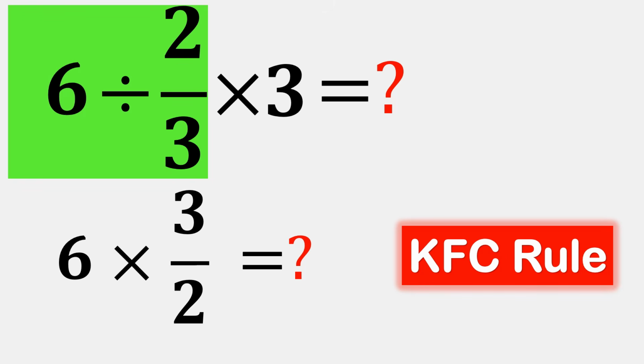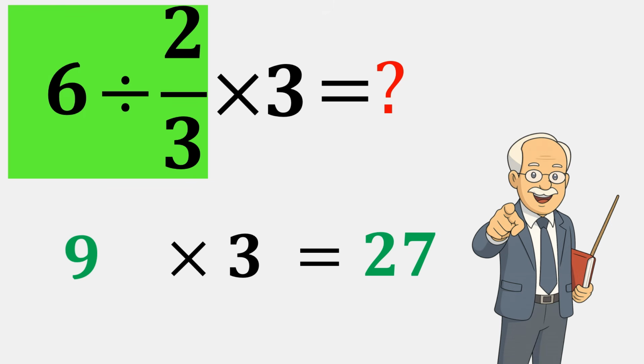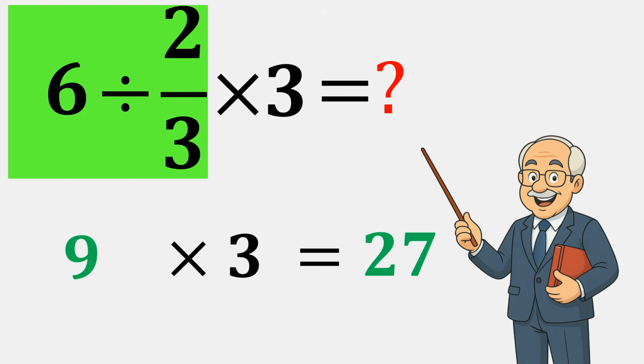Finally, 18 divided by 2 equals 9. Now the final part of our original expression is 9 times 3, and the answer is 27. See? Using the math rules correctly can take you from the wrong answer of 3 to the correct answer of 27. All you have to do is follow these rules.